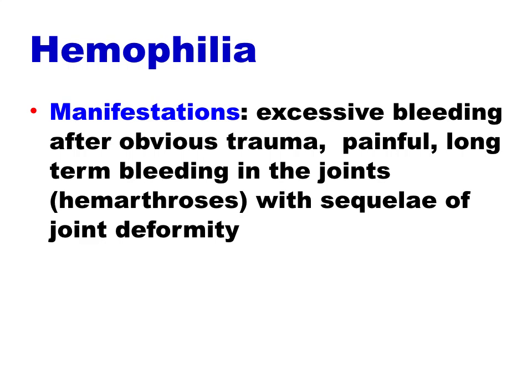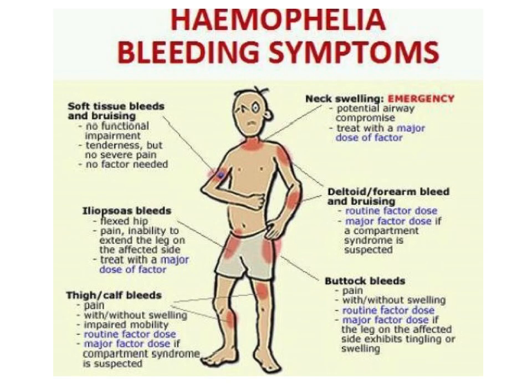What are the manifestations? Of course, bleeding, but later on there might be sequelae of joint deformities secondary to on and off bleeding and inflammatory process, and then eventually it can affect the joints leading to deformities.